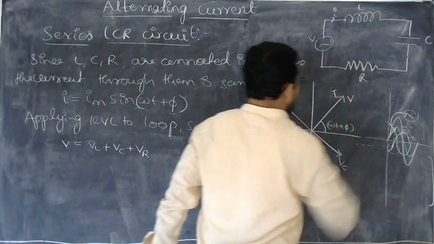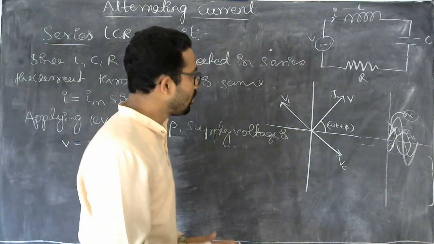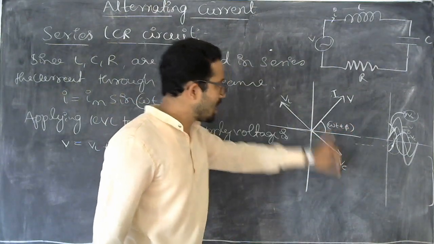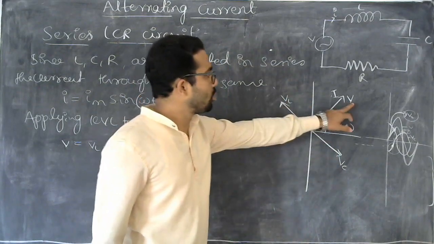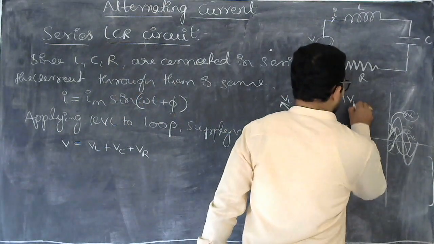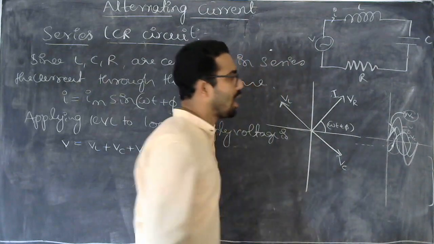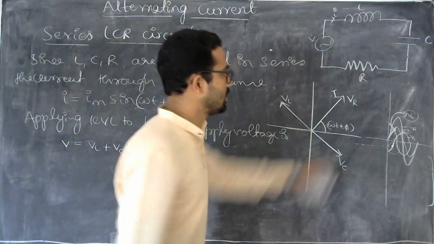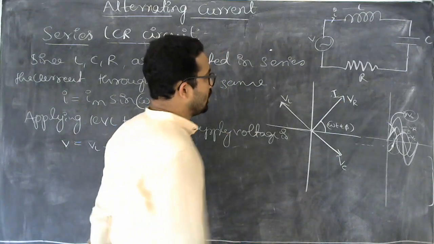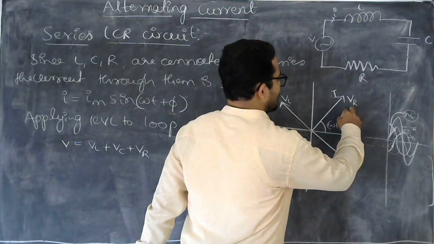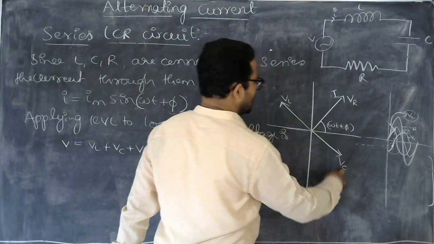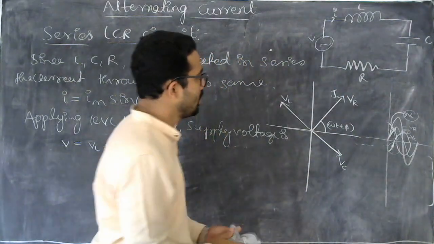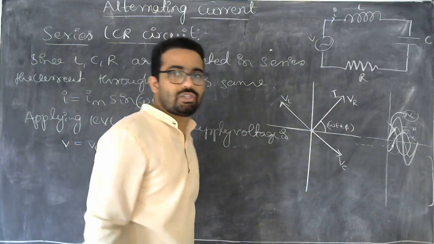Now these are the 3 phasors, that is V phasor, VC and VL. Sorry, this one I should write VR. This is not V, that is VR, because that is for resistor. So this is a phasor for resistor, phasor for capacitor, voltage phasor for inductor. These are the voltage phasors. And this is the current.